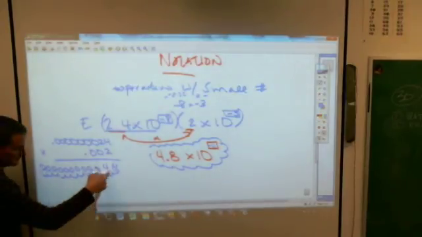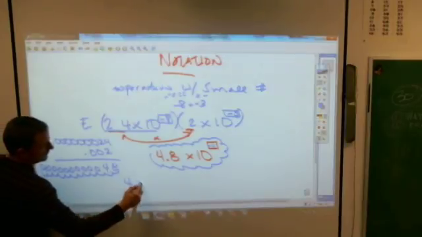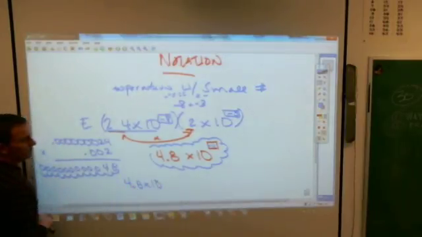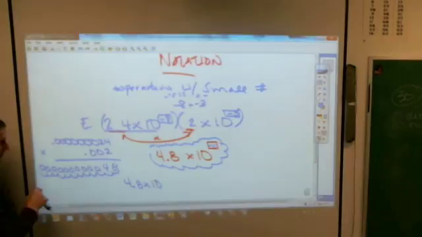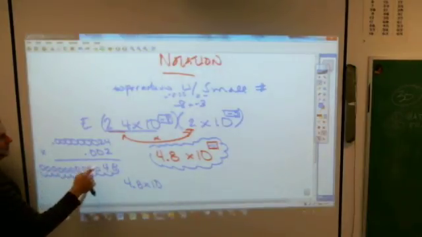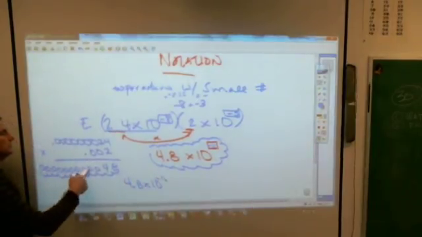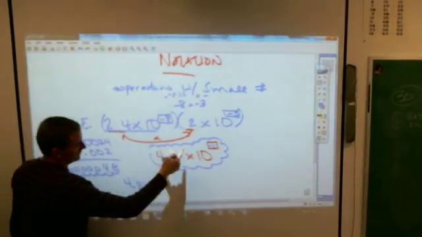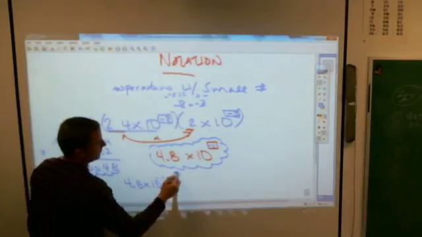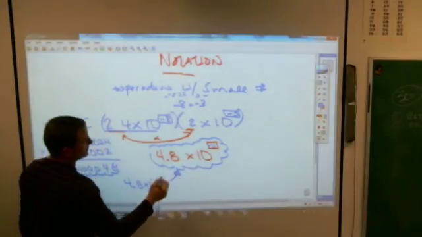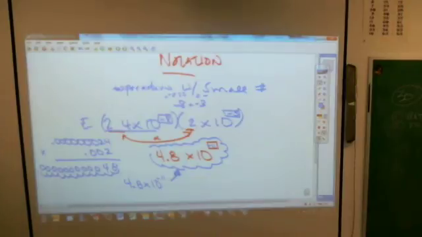Between the 4 and the 8, and then I put times 10. How many places did I move the decimal? 1, 2, 3, 4, 5, 6, 7, 8, 9, 10, 11. Negative 11. I just did this and got the whole thing. Is this not quite a bit simpler and quicker and easier than doing all that? Yes, but that's what you did when you multiplied that together.